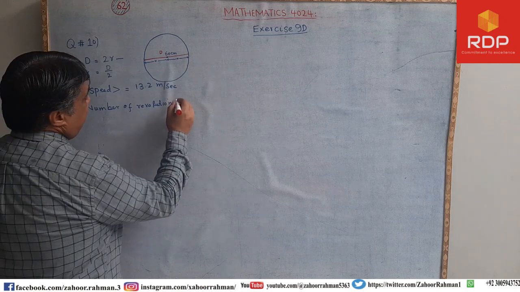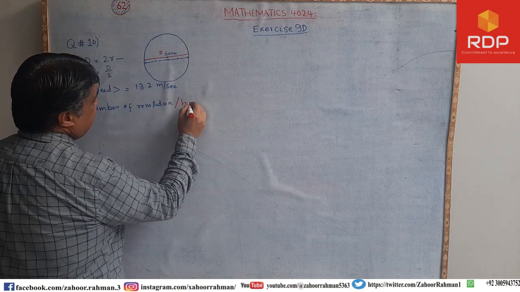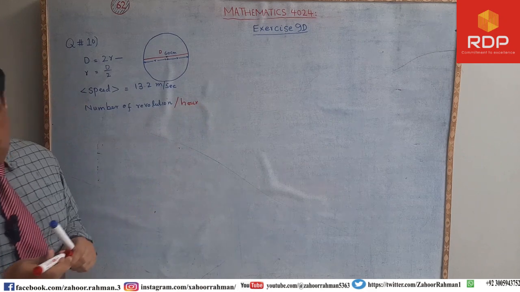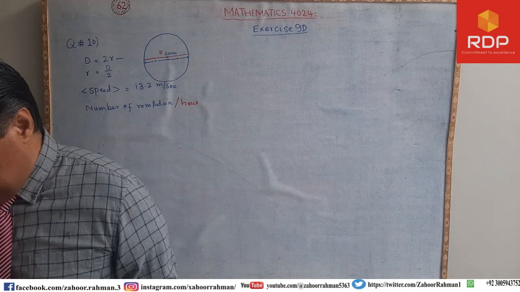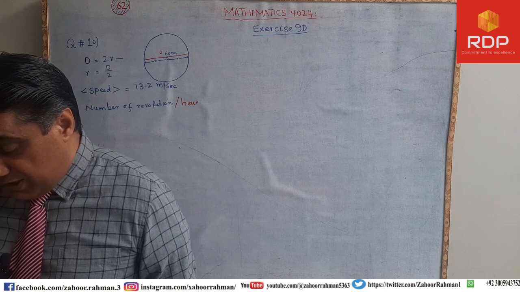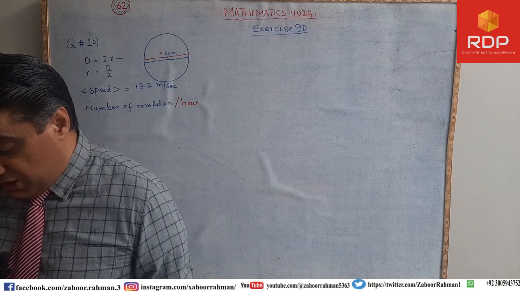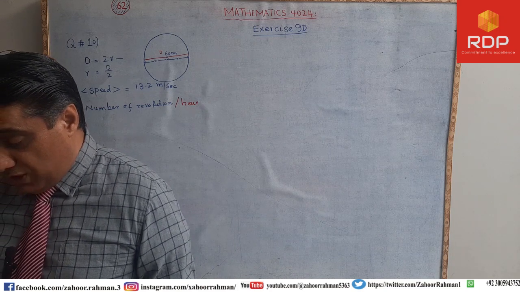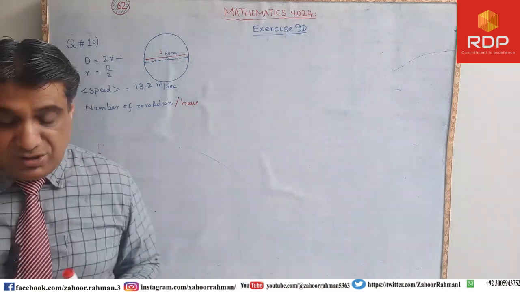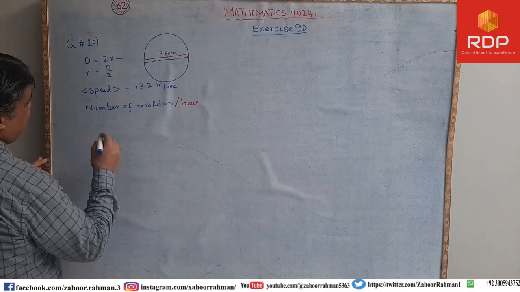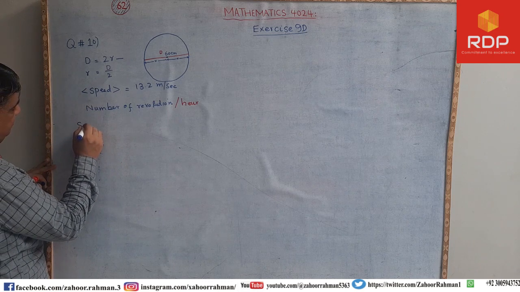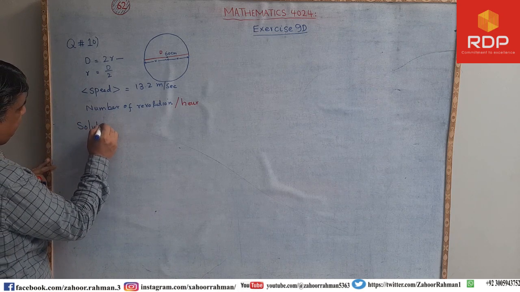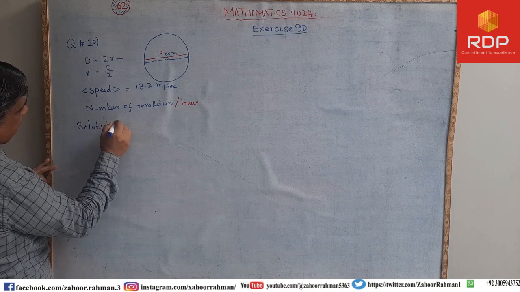We have to find revolutions per hour, giving your answer correct to the nearest whole number. So this is the given data, and now we have to find the solution.